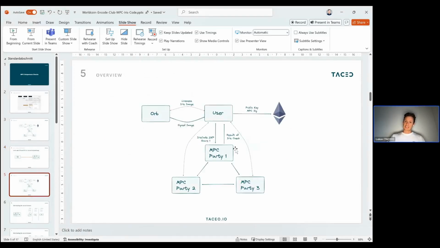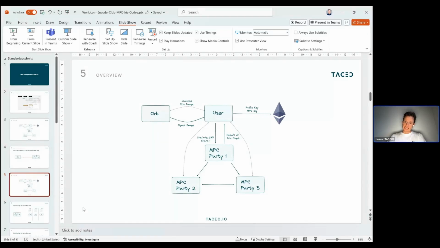Now, in this case, it's exactly what happens on the user device. This happens locally, client-side. This iris code that gets produced by the ZKML code is then secret shared into three pieces, where each one is random, but together, if you add them, they result in the original iris code.